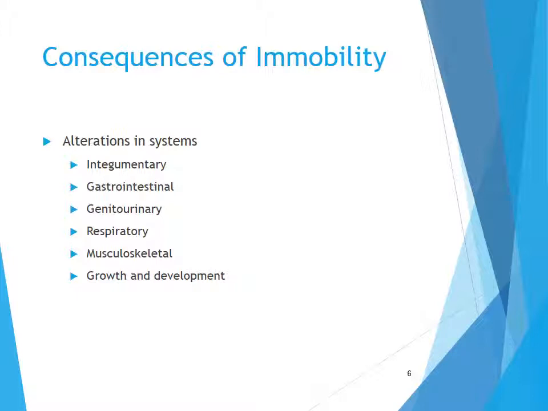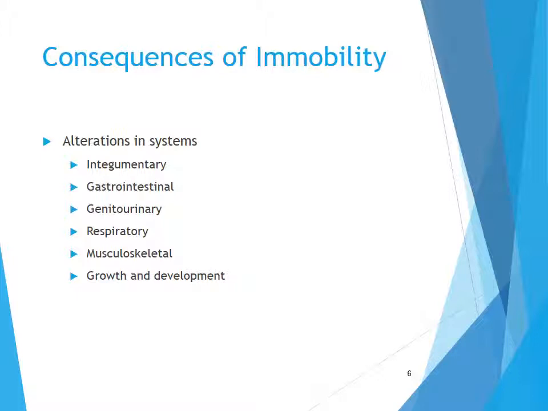Gastrointestinal, risk for constipation. Why is that? Because of gastric immobility due to pain medicine and lack of appetite, so they're not eating and drinking as much. You're going to see a decrease in number or consistency of bowel movements, decreased gastric motility.